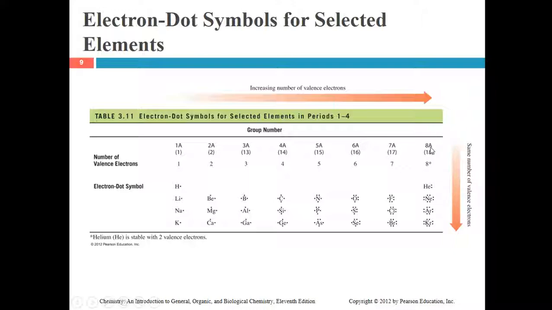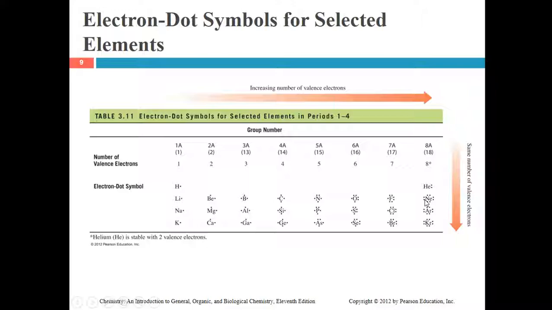And we come all the way over here to 8A. Now notice, helium only has 2 electrons. Why? Because helium, look at the periodic table, only has 2 protons. So helium's the exception to group 8A. It doesn't have 8 electrons to have 8 electrons in its electron dot symbol. But all the rest do.